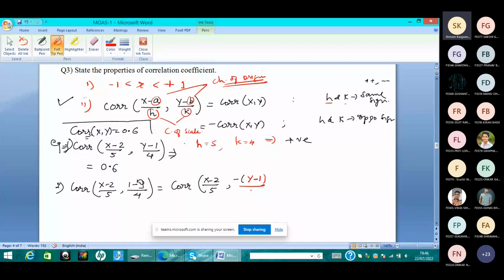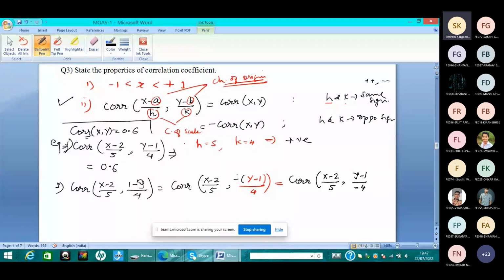So if I rearrange it, I will notice that the signs are not the same. Ultimately I will write the sign here, minus 4, so it is carrying the minus sign there in the denominator.